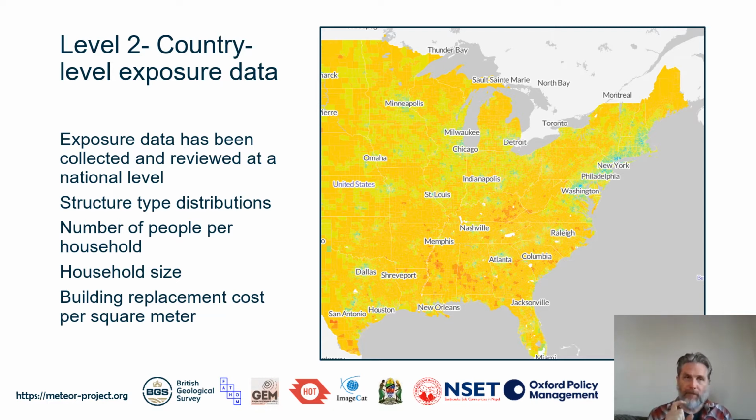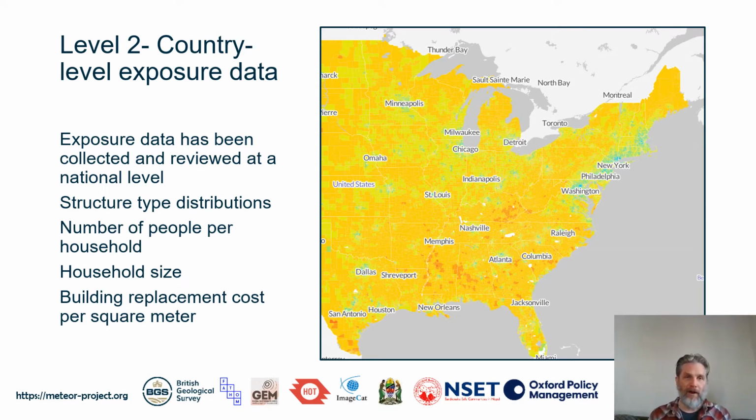There are key pieces of information that have to be brought in to make this exposure database that are done at the national level that are worth noting. Structural type distributions are typically quite crude on a national level with minimal local adjustments.